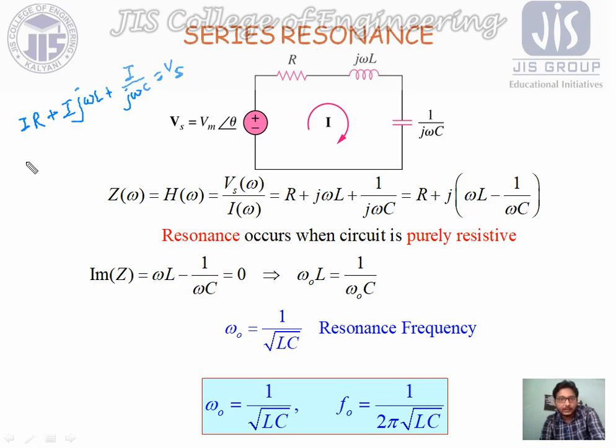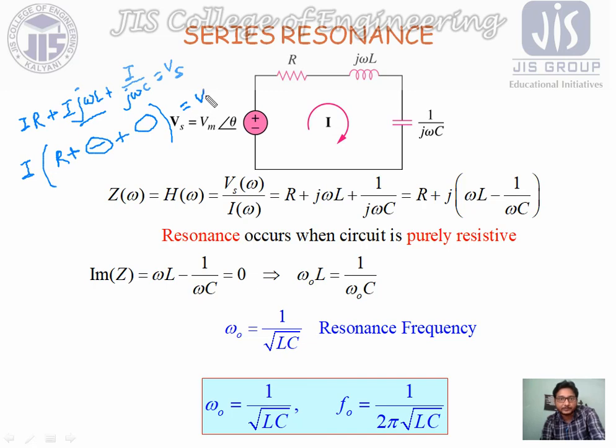Now if we take I common, this part contains R plus j omega L plus 1 by j omega C, and that is equal to Vs.